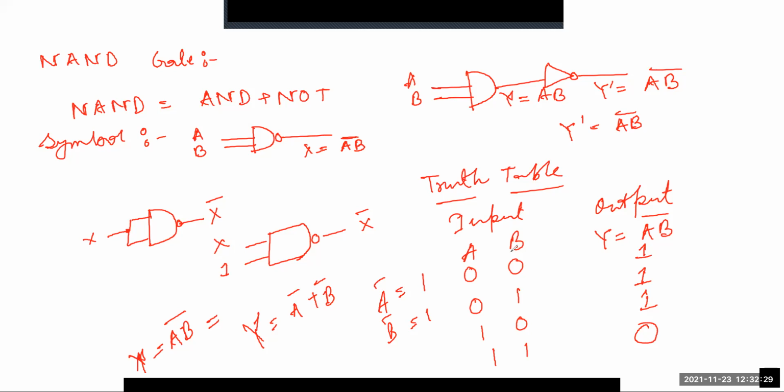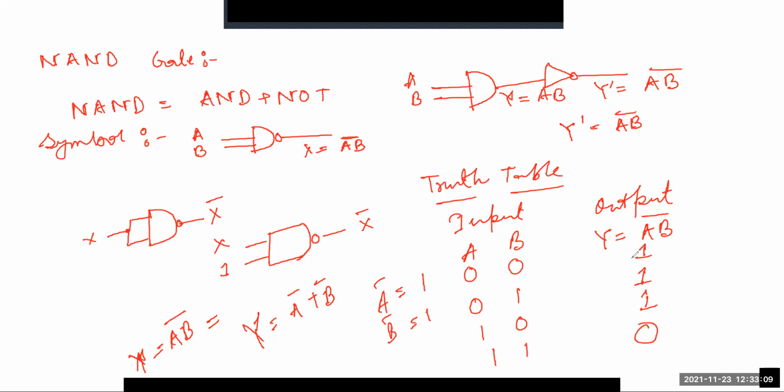If we look into this truth table of the NAND gate, here you can see that Y is 1 when either A or B is 0, or when A and B both are 0. When A and B are 1 and 1, in that case the output is only 0, but in the rest of the cases, when either A or B is 0, we are getting 1.